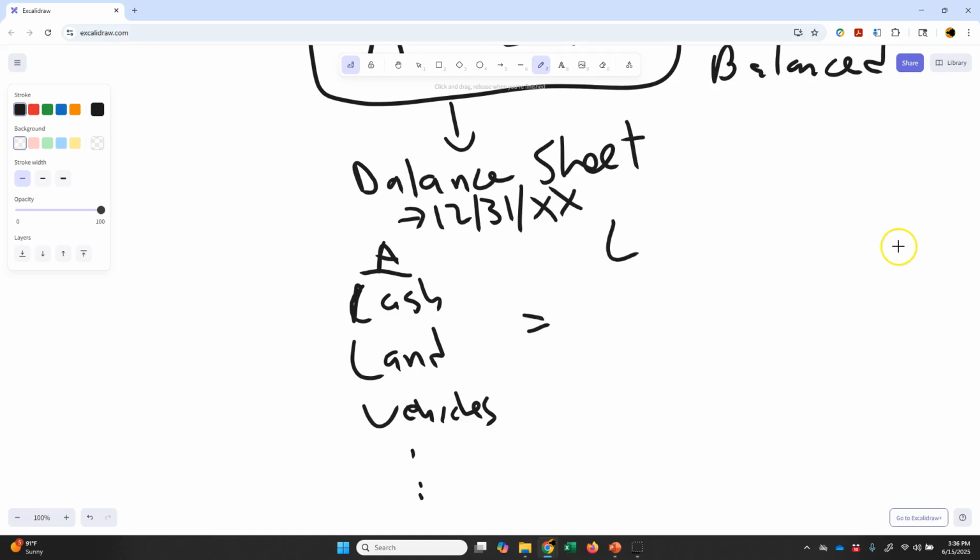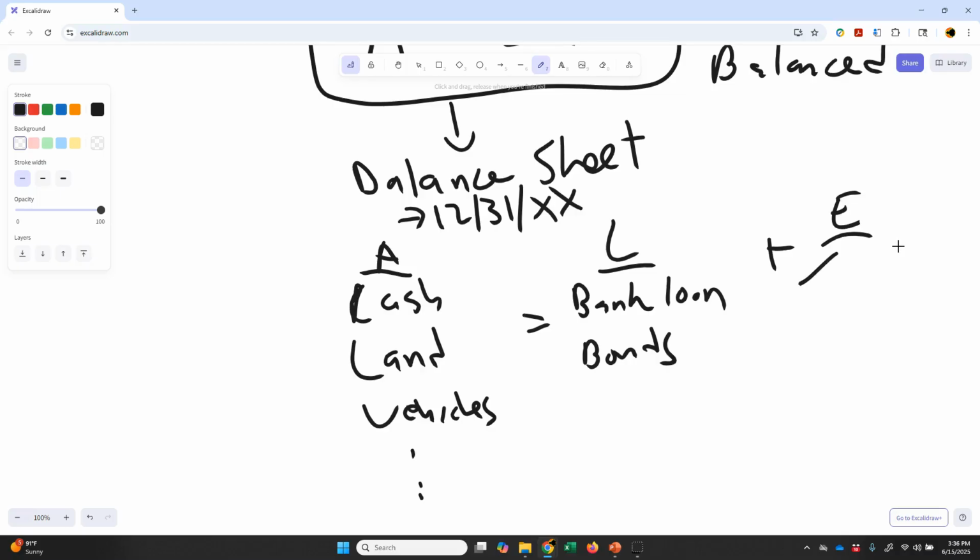Then you're going to list out all your liabilities, your bank loan, bonds, whatever it is. You're going to list them out. You're going to list out your contributed capital. So this is equity. So you'll have on one hand your common stock, I'm just going to abbreviate it CS, and then you're going to have your retained earnings, and you'll basically have numbers for these.